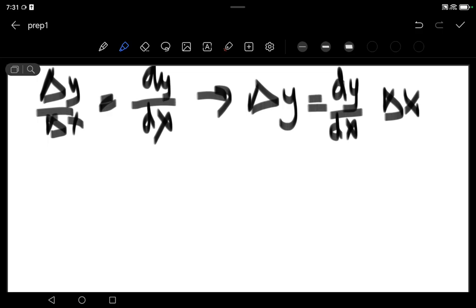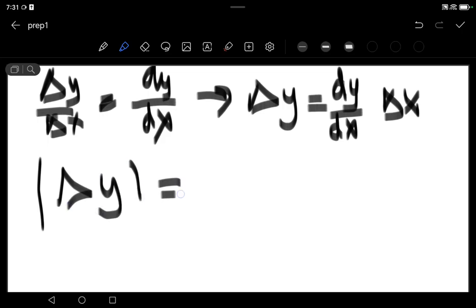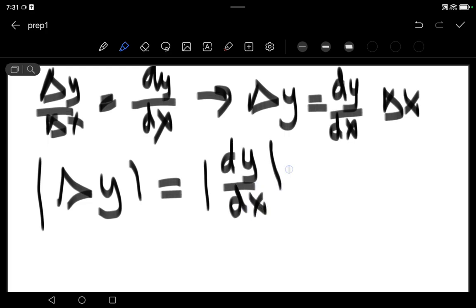From here we can introduce the absolute bars, and this equation we're going to use to estimate maximum error: the absolute value of dy over dx multiplied by change in x.